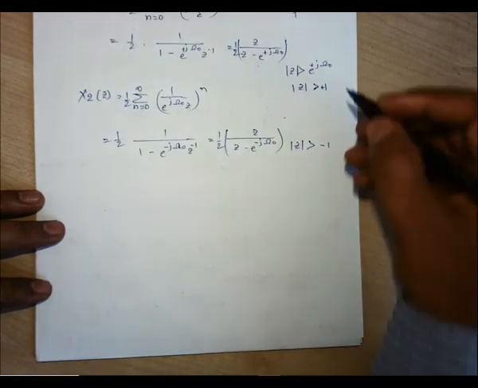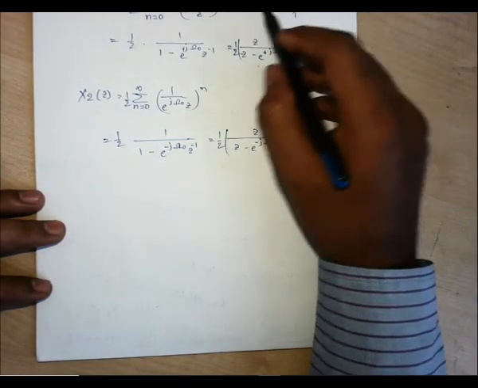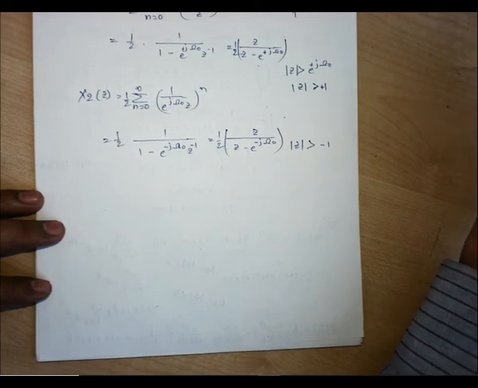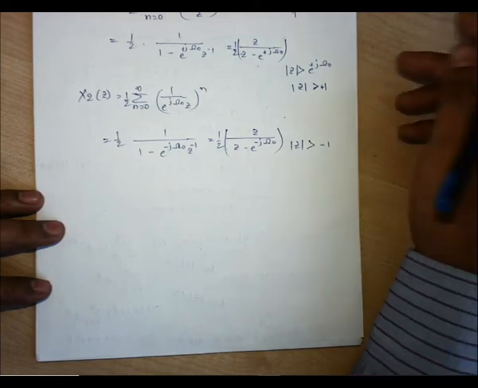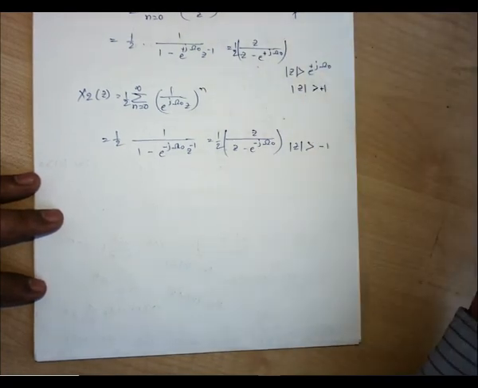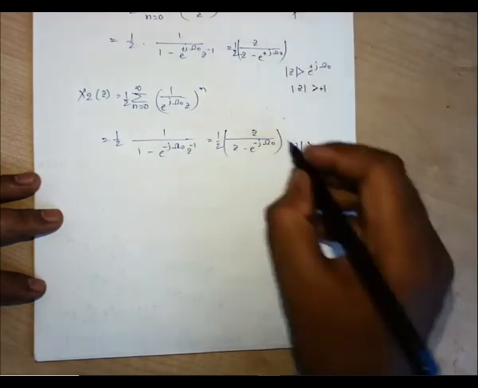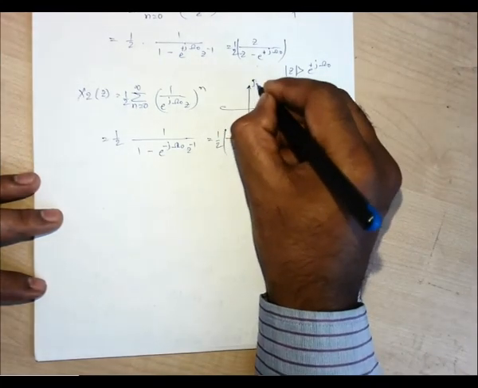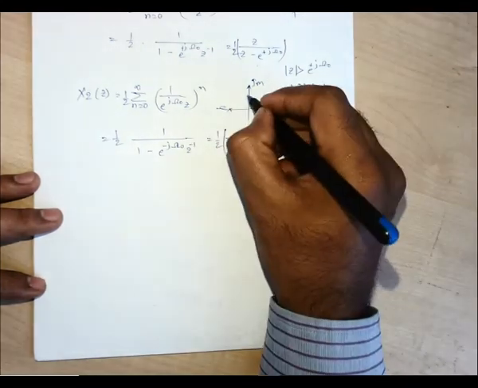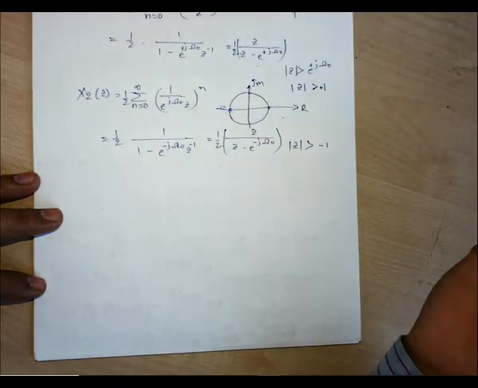Now, the maximum existence of the pole, if you go along the real axis, because the real axis will give you the ROC, the limit on the real axis gives the indication of the ROC. For this case it is greater than plus 1, it is greater than minus 1. If we go on a circle, plus 1 and minus 1 on the real axis with imaginary axis, if we rotate, it takes the same location, right?